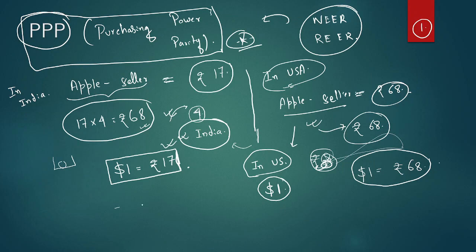Here in India we can buy an apple at 17 rupees. So with respect to buying an apple, these two things are equal. In their country an apple is available for $1, in our country an apple is available for ₹17. I have made this assumption so this can help you understand. So you can say $1 is equal to ₹17.